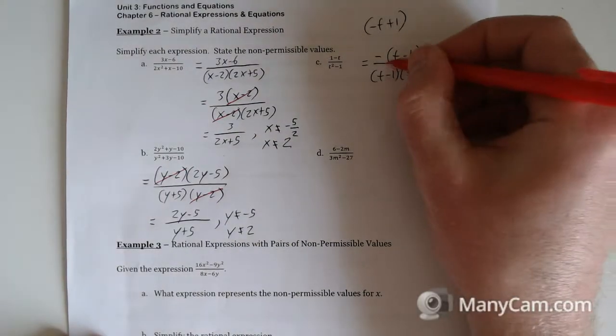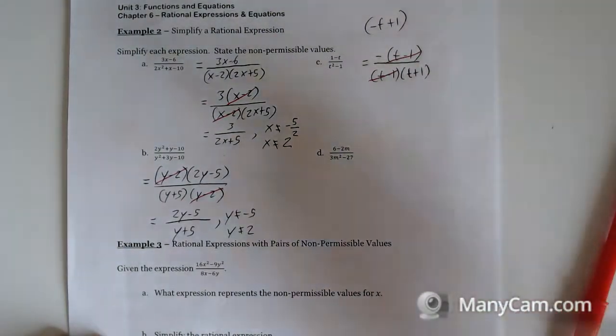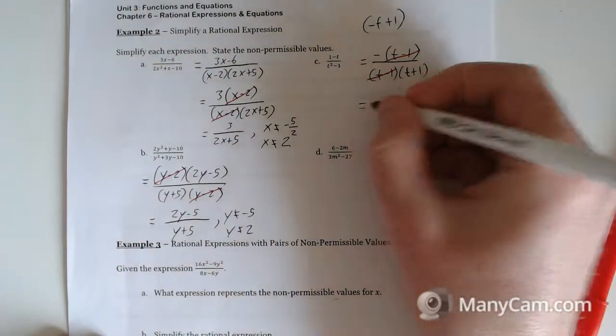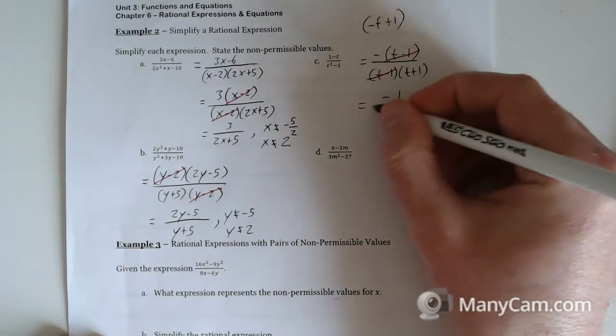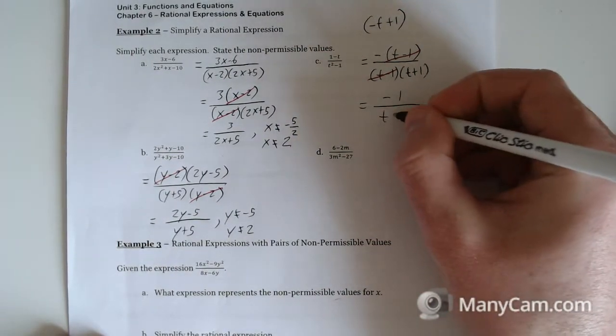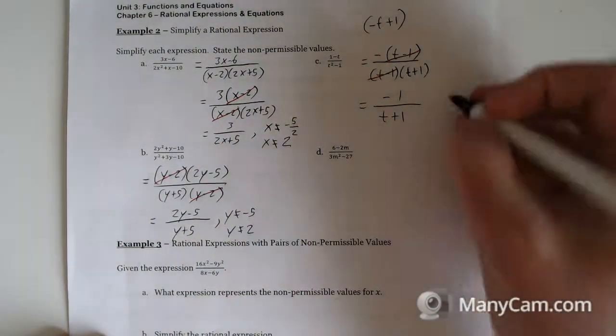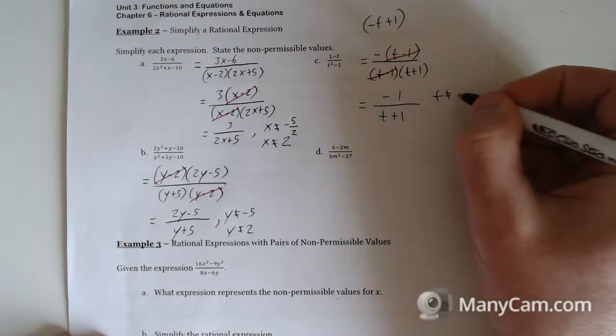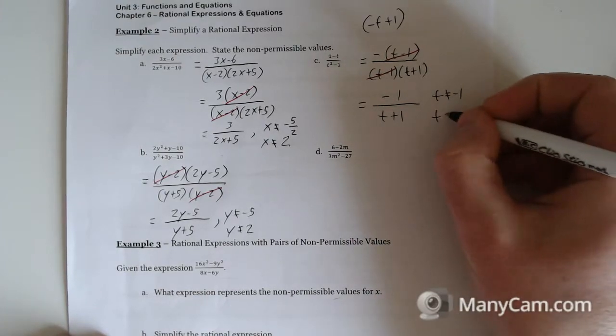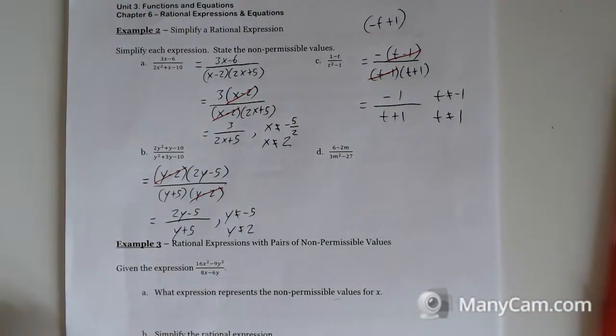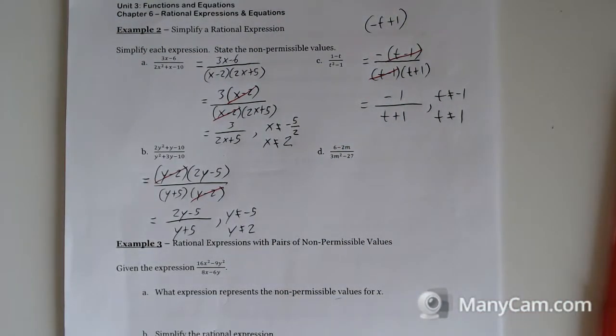So now that cancels with that, and the answer is -1 all over t plus 1, or the negative can be in the front, either way, as long as t is not -1 and t is not +1. We put those after a comma usually.